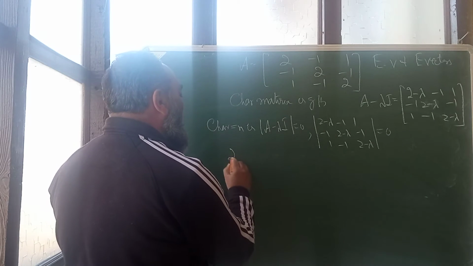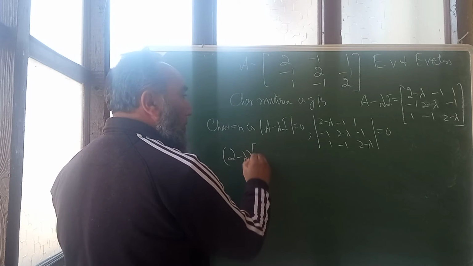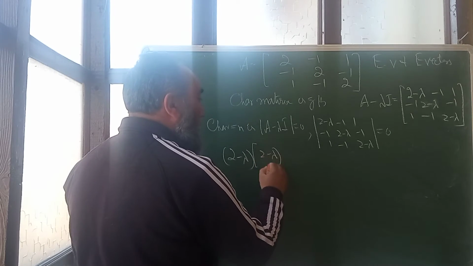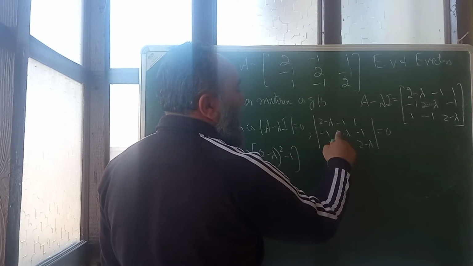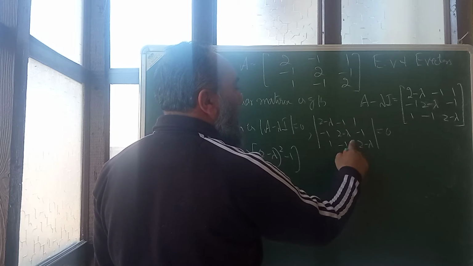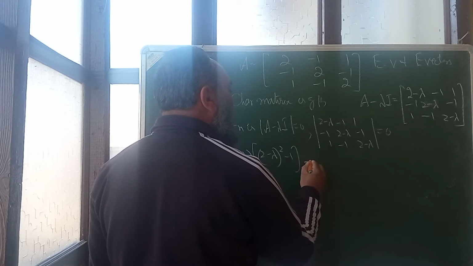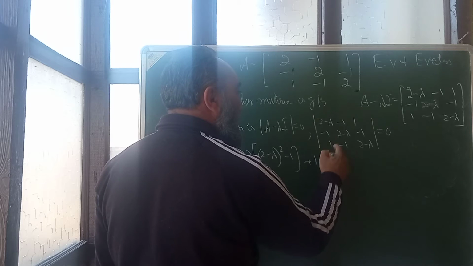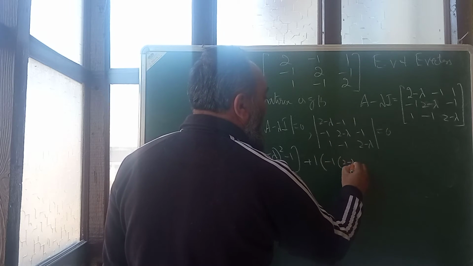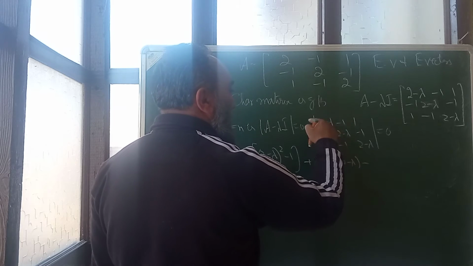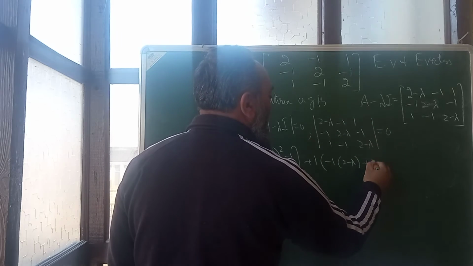This is (2-lambda) into ((2-lambda)^2 - 1), minus (-1) into ((2-lambda) - 1)... minus into minus, which is plus 1, minus 1 into (2-lambda), minus 1 means plus 1.